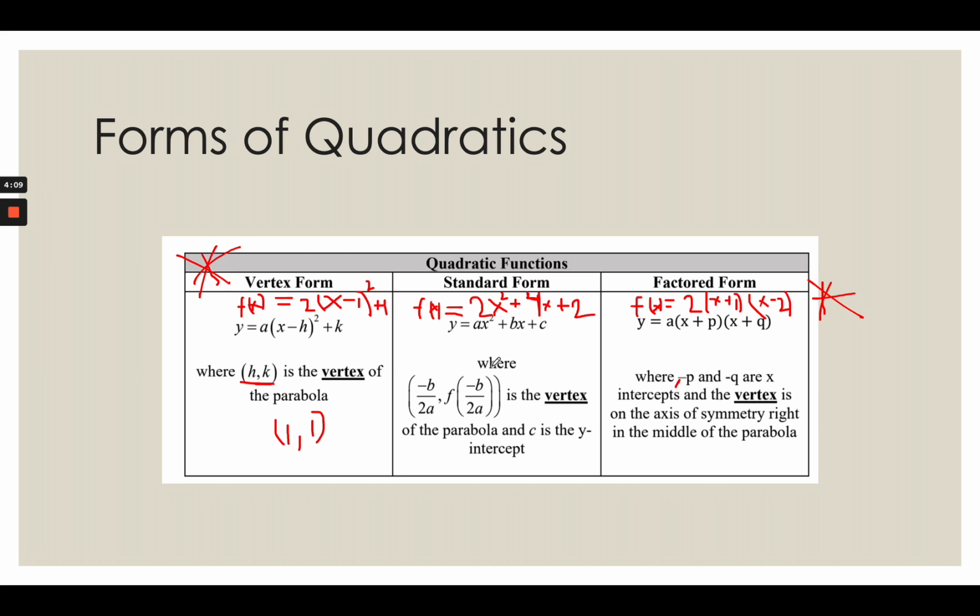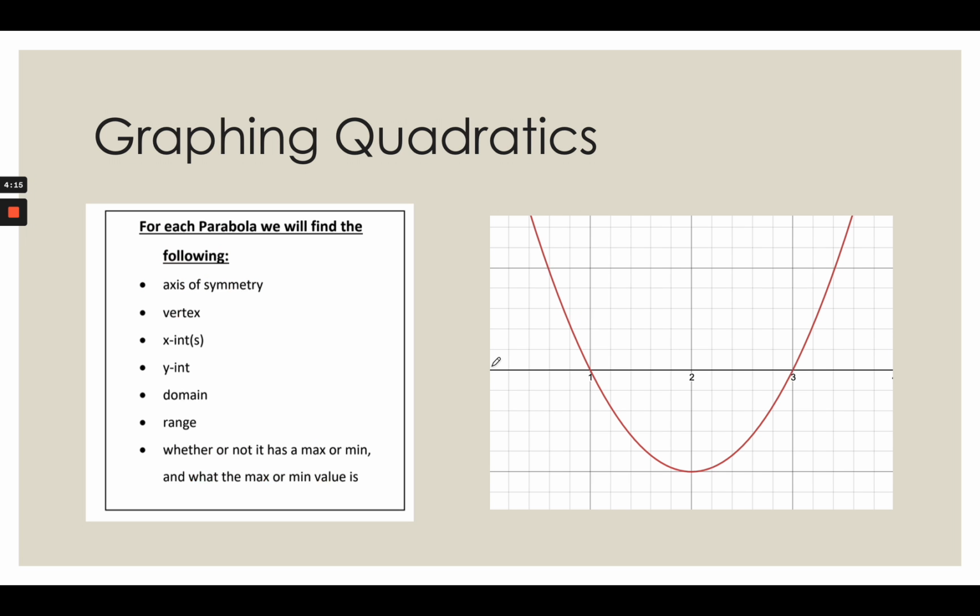So that is a little new here. Just keep that in mind, okay? So graphing quadratics, for each parabola, you're going to find the axis of symmetry, the vertex, x-intercept, y-intercept, domain, range, and whether or not there's a maximum value or a minimum value. So let's talk about each of these things.